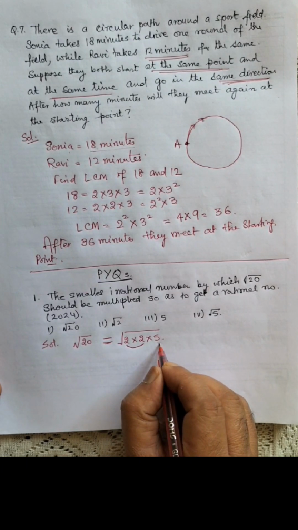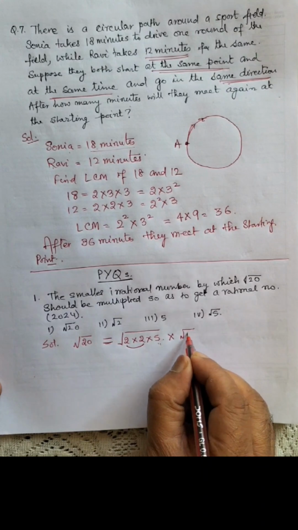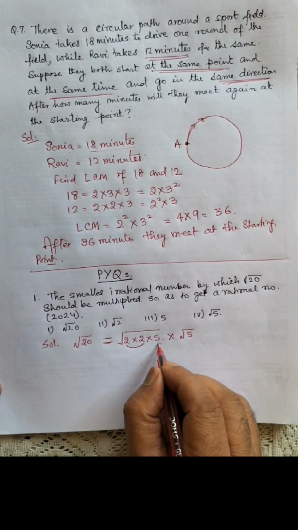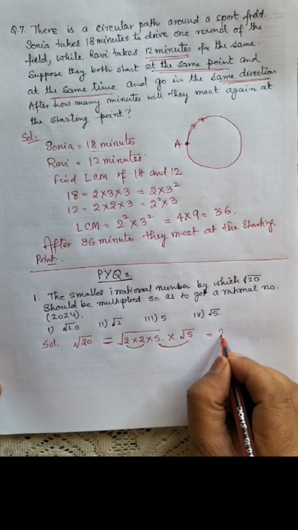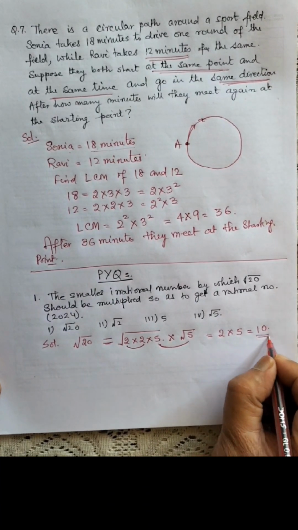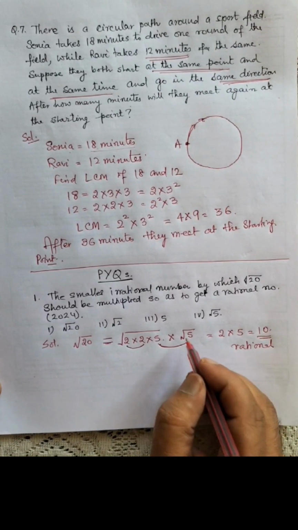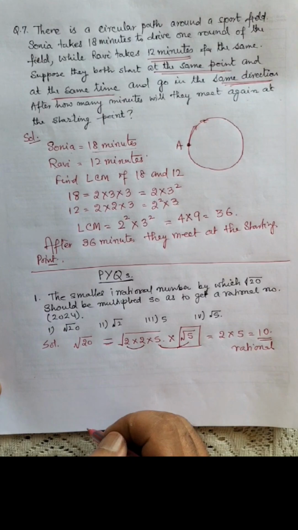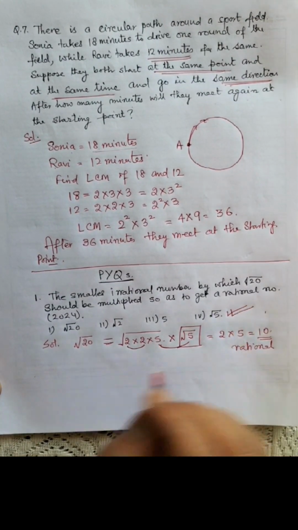In order to make it a pair, I need to multiply it by root 5. Once I multiply it by root 5, I'll get this complete pair, and these two things, that is 2 and 5, will come out as 10, which is very much rational. So for making it rational, I multiplied it by root 5. So our correct answer is this part.